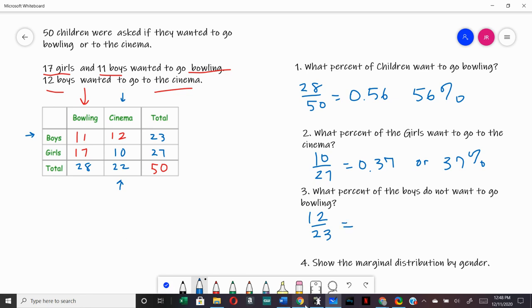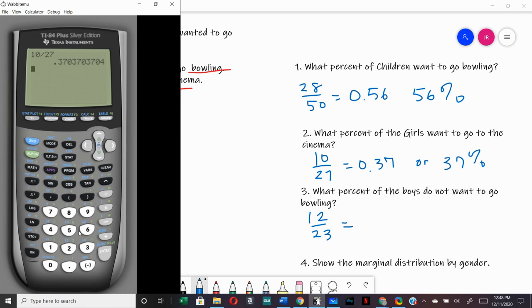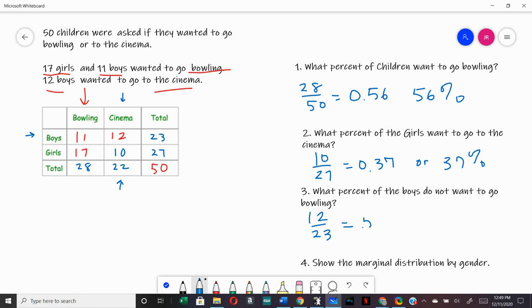Again, I'm going to pull out my calculator and we're just going to do 12 divided by 23. That's 52.2%.